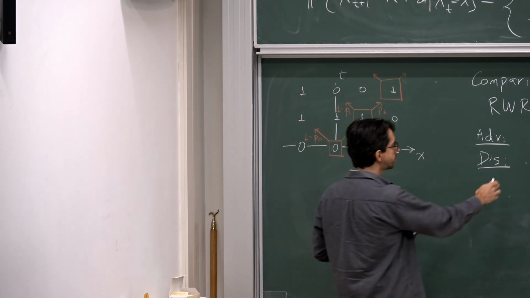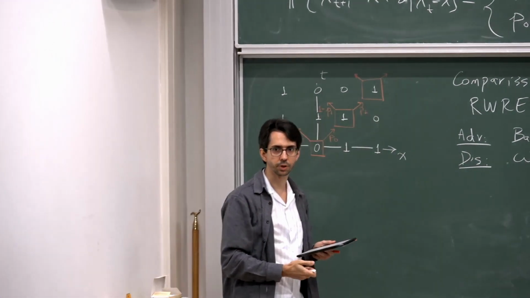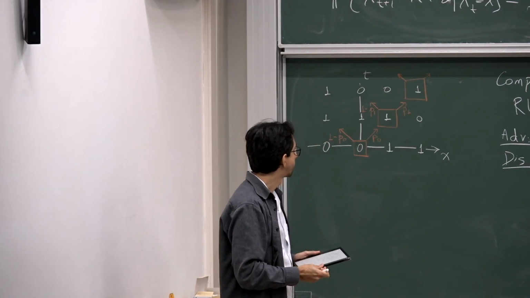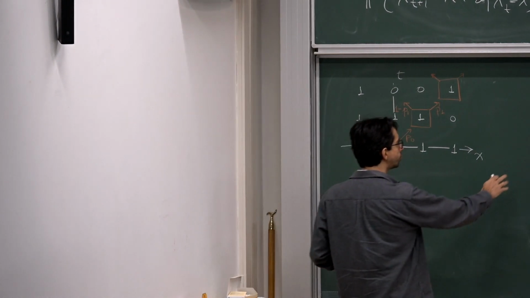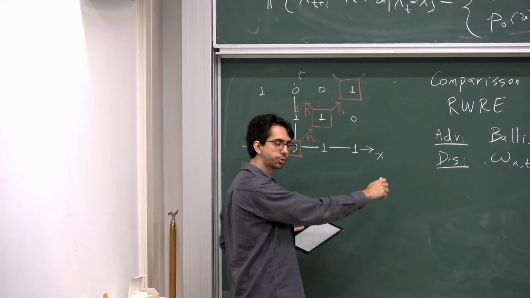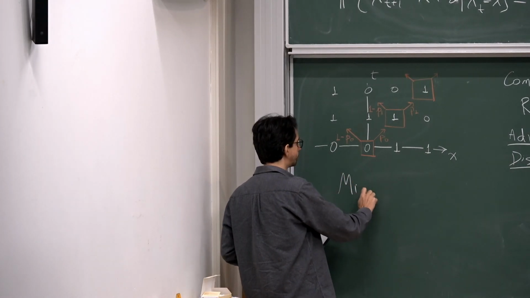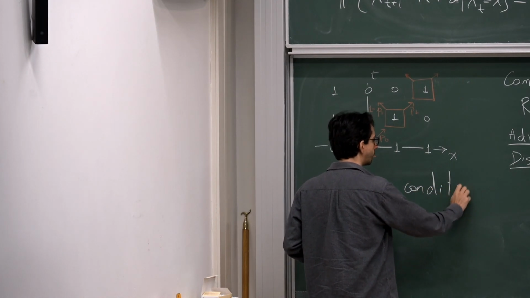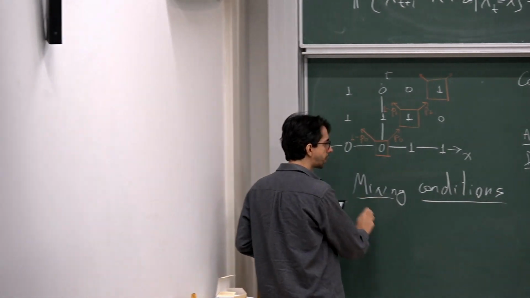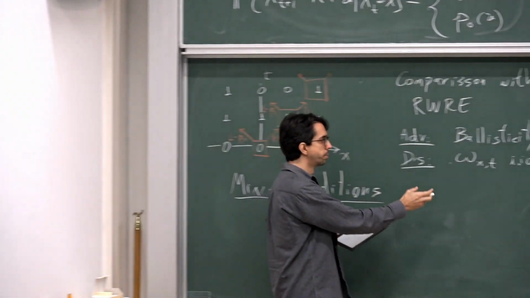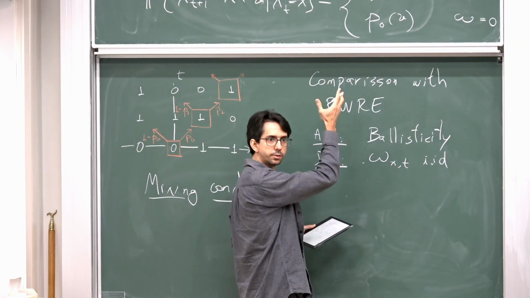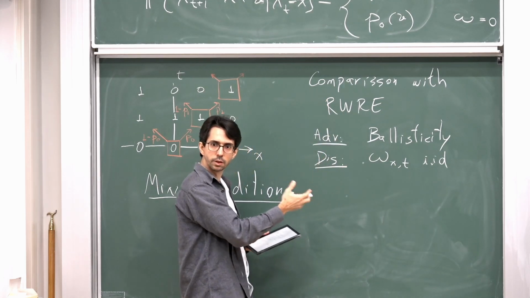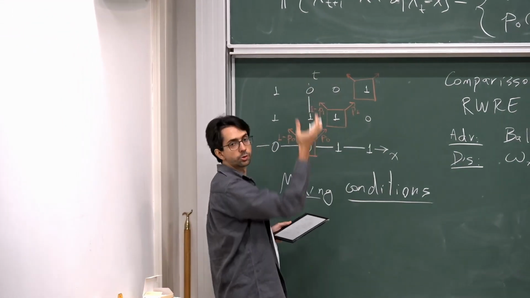But that's the distinguishing feature, I would say. And because of this, we are going to focus a lot of our energy talking about mixing conditions. And as it becomes clear, the better this environment mixes in space-time, the easier it will be to get results about the random walk.